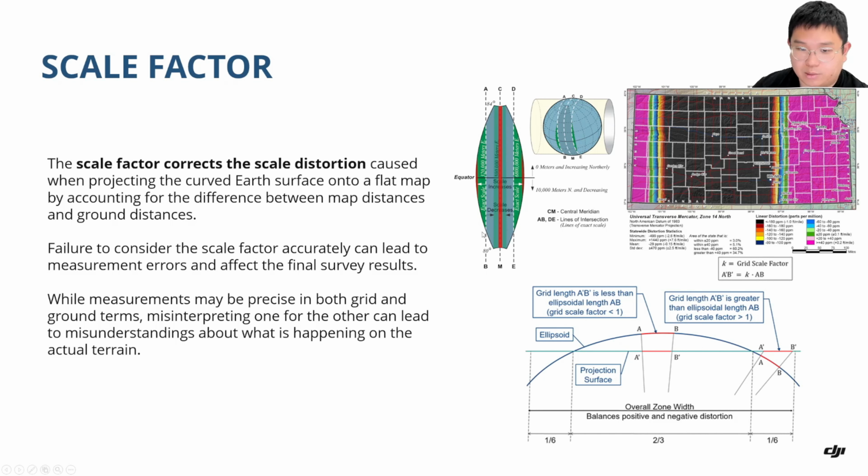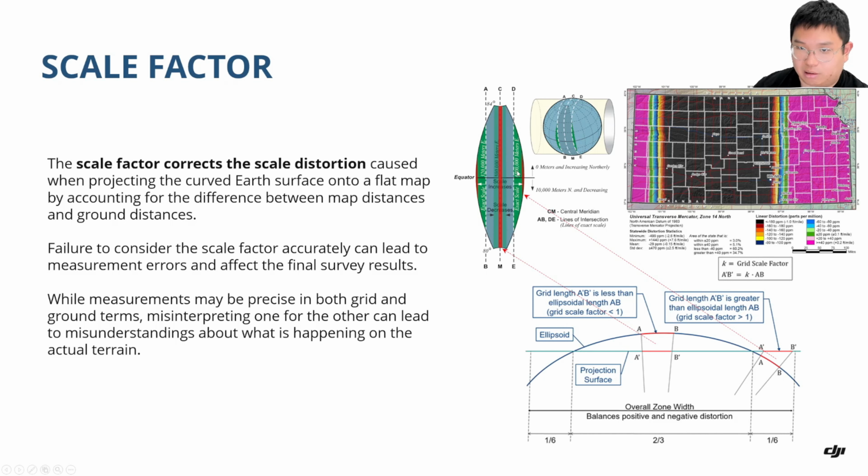However, as we move towards the west or east side of these two intersection lines, the distortion starts to increase. We can see this better if we have a look at the intersection view from the equator, this diagram over here. If I correlate my intersection view to the actual diagram, the AB line will simply be that point over here because we're looking at the intersection view from the equator.